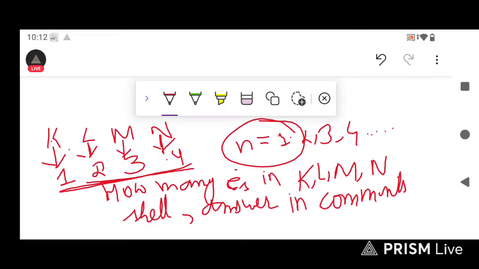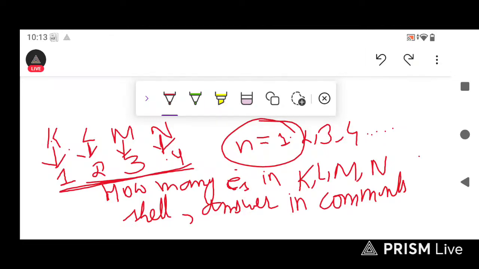Answer in comments, and then I will answer you. First of all, I want to know what you know about all that. I want to know who will answer me first about the number of electrons in the shell. Yes, right answer.